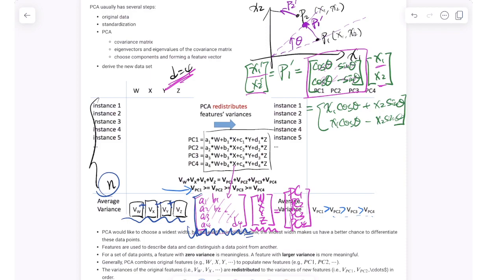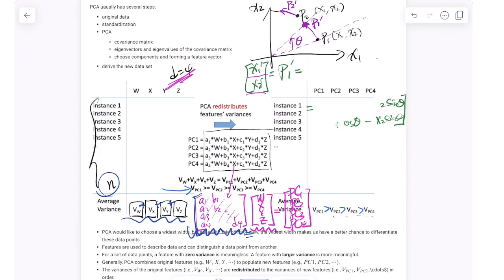Since PC1 has the largest variance, we believe PC1 is more important than PC2, because more variance means the data will be spread out on the new PC1 axis. So we deliberately arrange the axes by their variance.